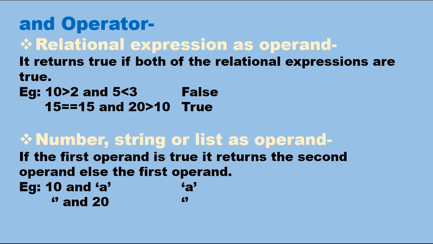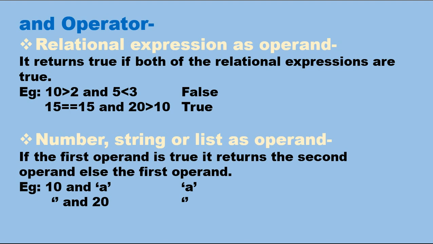Next one is 15 double equal to 15 and 20 greater than 10. 15 double equal to 15 is true and 20 greater than 10 is also true. So, AND will return the answer as true. Now coming up to the operand as number, string, or list. In this case, if the first operand is true, then it will return the second operand.